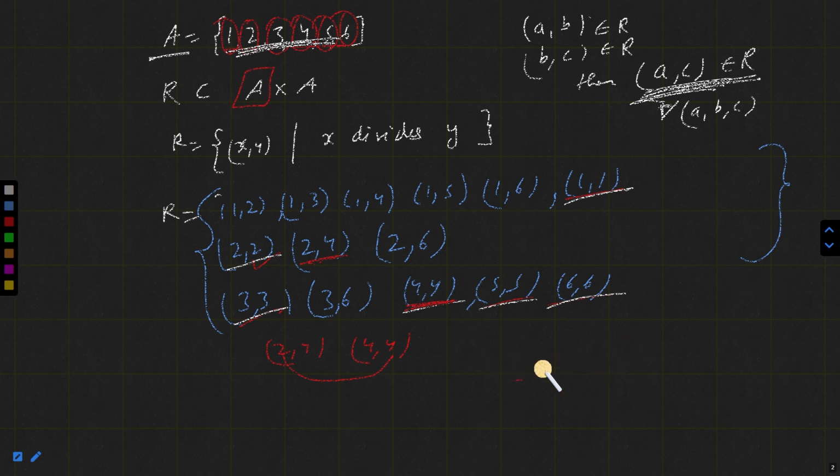It looks like it is going to satisfy. Let's try to see from these listed elements.